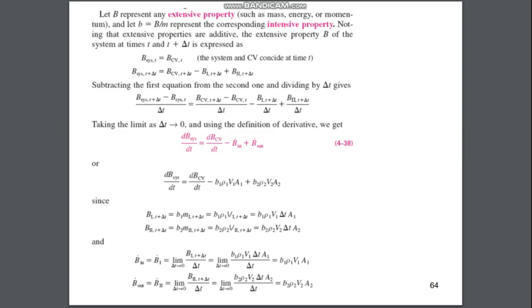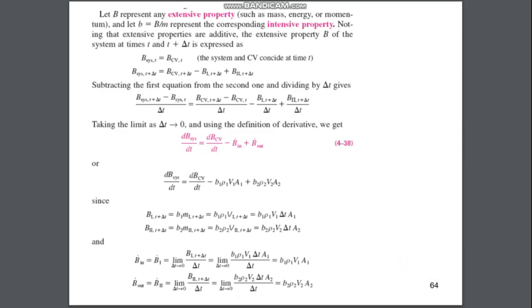This yields equation 4.47, where the mass flow rate is the mass flow rate in the inlet and outlet relative to the moving control surface. The approximation in this equation is exact if property B is uniform over the cross-sectional area.